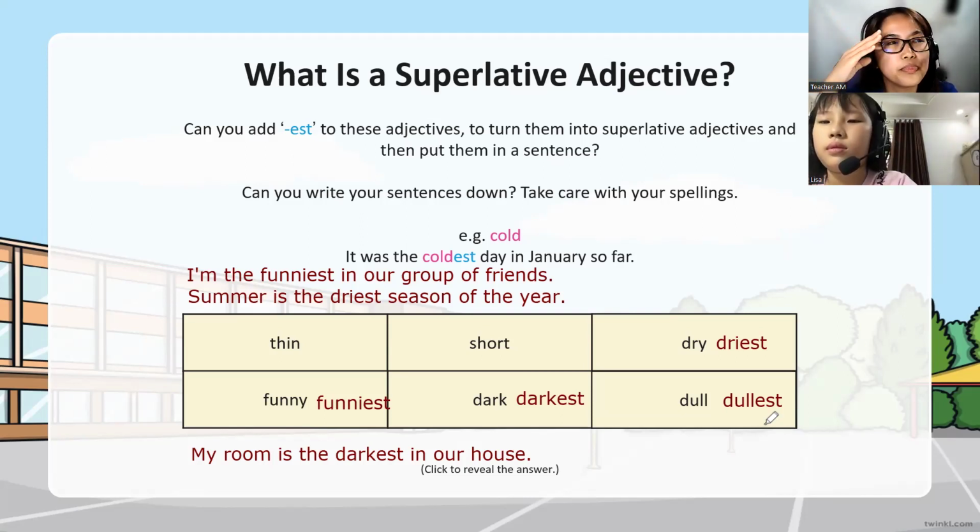For example, Sia is the dullest in her class. That means Sia is not the smartest in her class. So there are so many meanings of dullest. It depends on how you use it in a sentence.